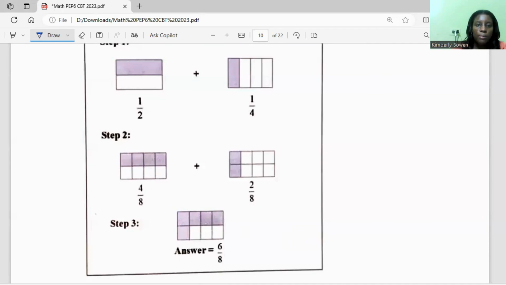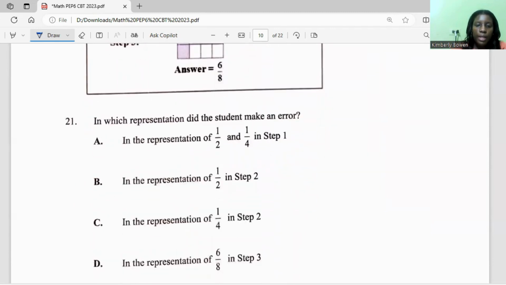I'm looking. So back at the next one: the representation of a quarter in step two.